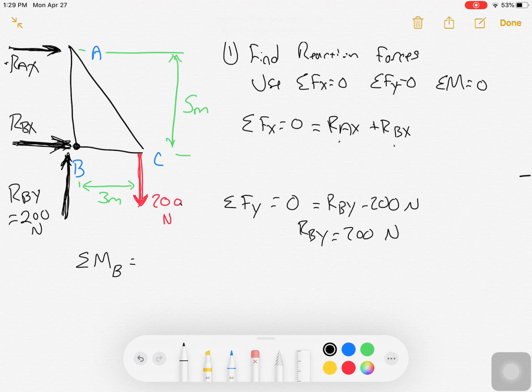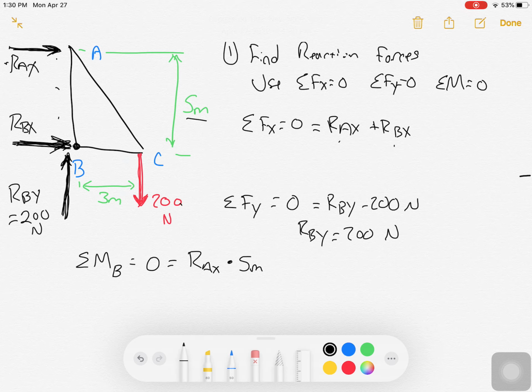So my sum of moments around B is equal to 0, and that equals what? So moments, a force times the distance. Let's do RAX. That's the force. And what's its distance from B? Well, if I come up here, that is 5 meters. So RAX times 5 meters.